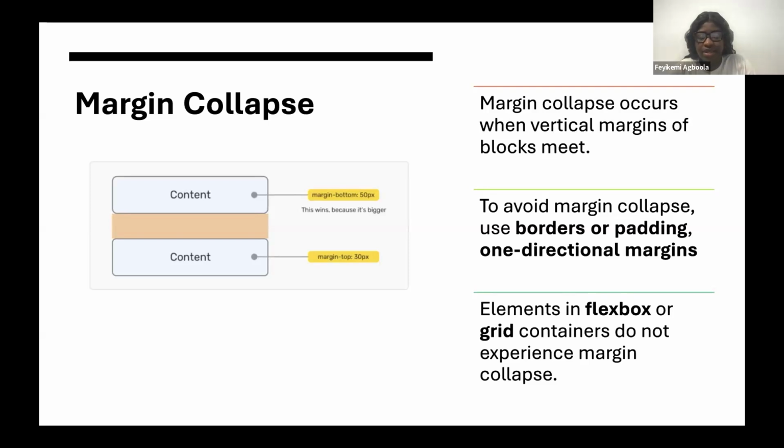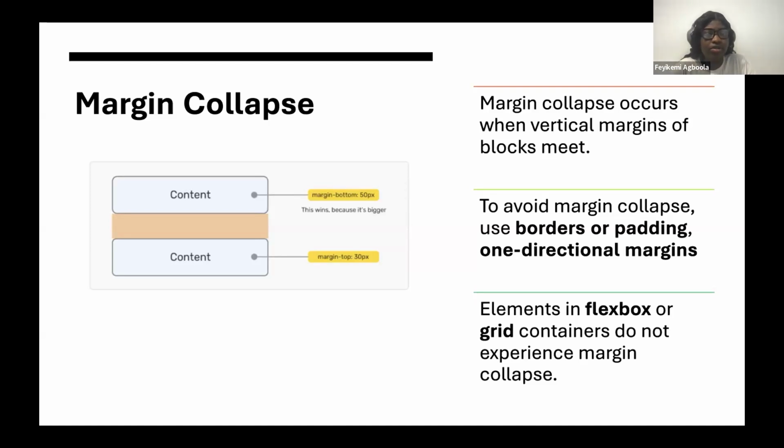Like in this diagram, I have two contexts, the top one and the lower one. For the top one, I applied margin 50 pixels for the bottom, and for the top I have margin 30 pixels, expecting to have 80 pixels, right?